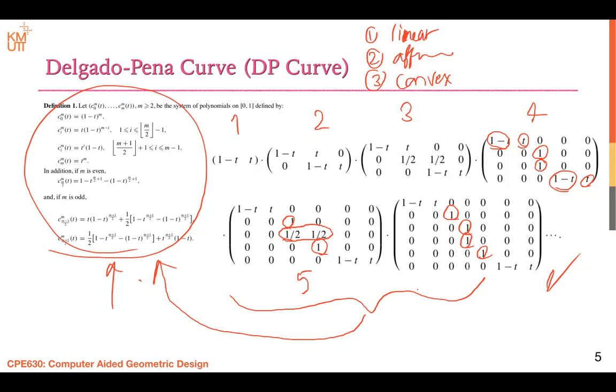Because we actually have to prove this, whether they satisfy this property. Why do we have to check whether the DP curve is a convex combination?